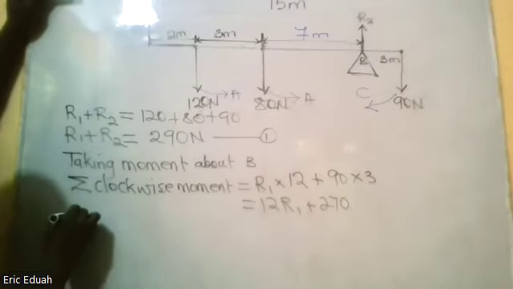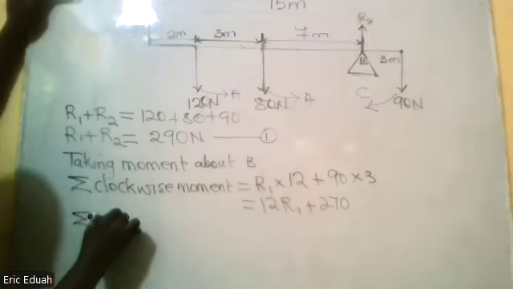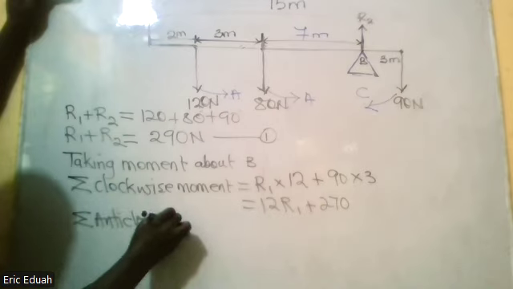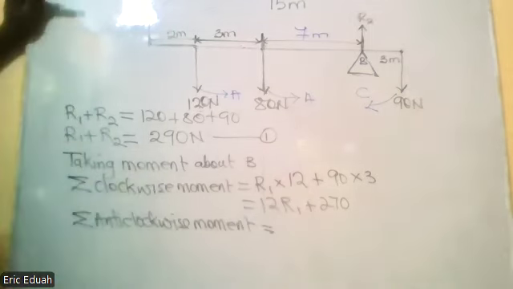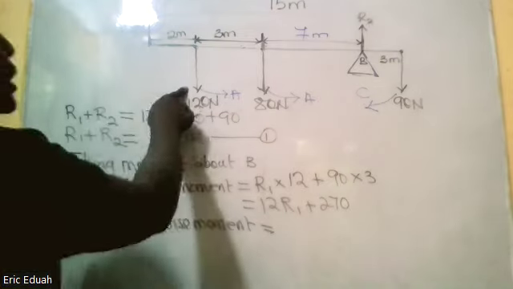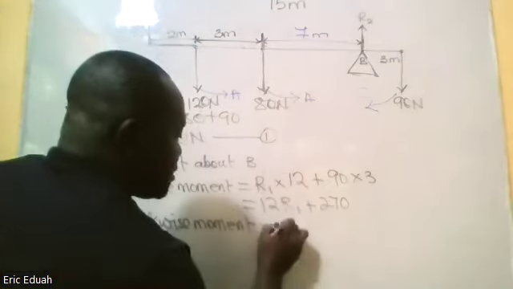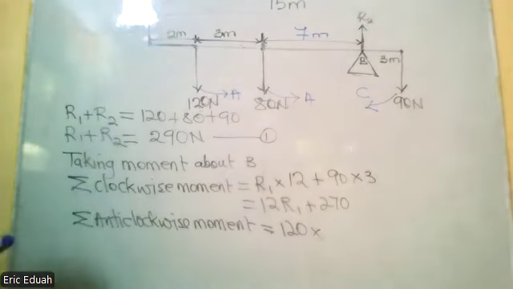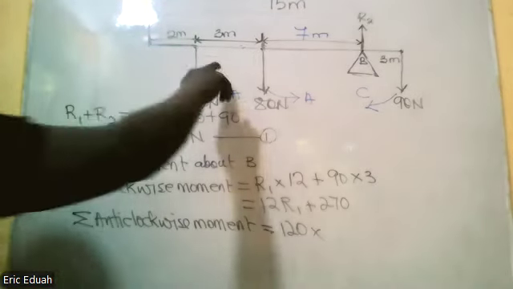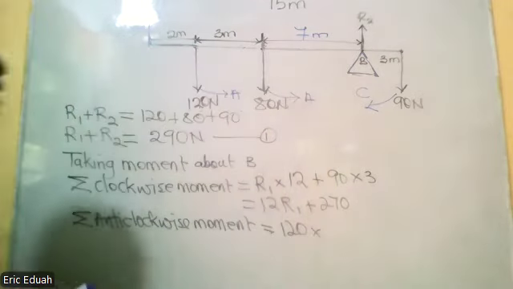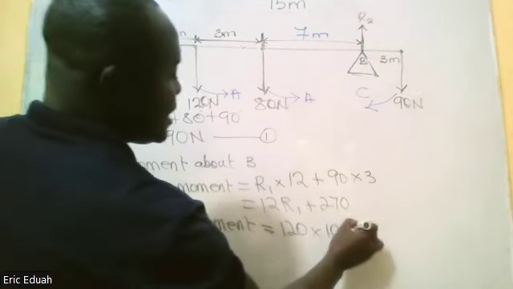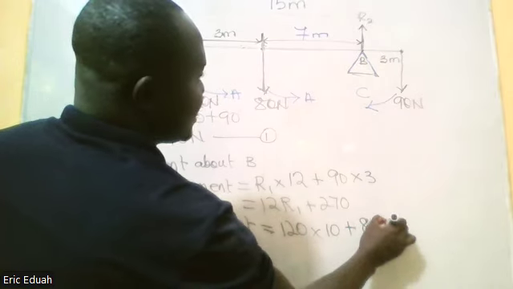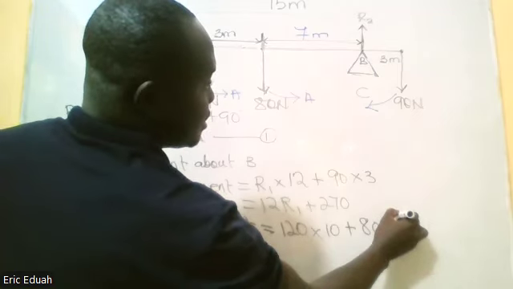Then let's look for the sum of anti-clockwise moments. Here we have 120 Newton, 120 times the perpendicular distance from B, 3 plus 7, which is 10, plus 80 by 7.